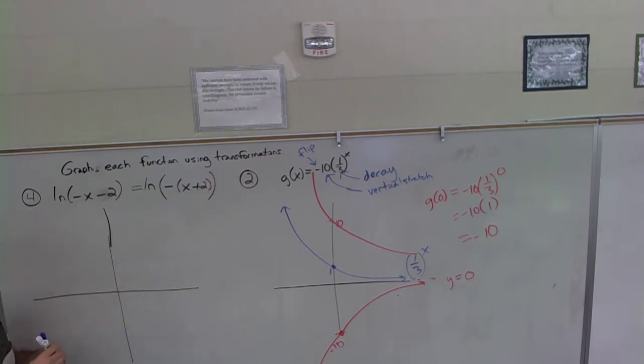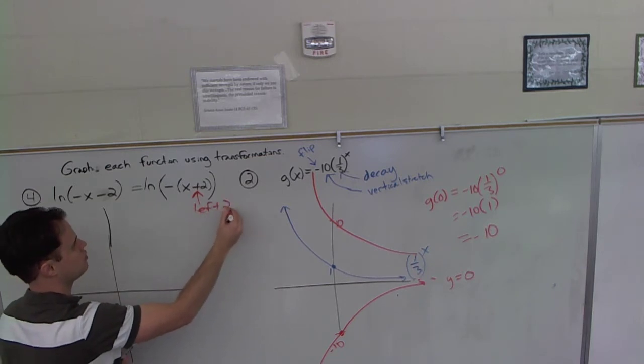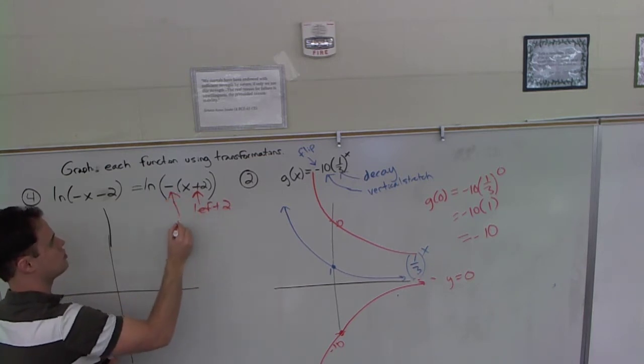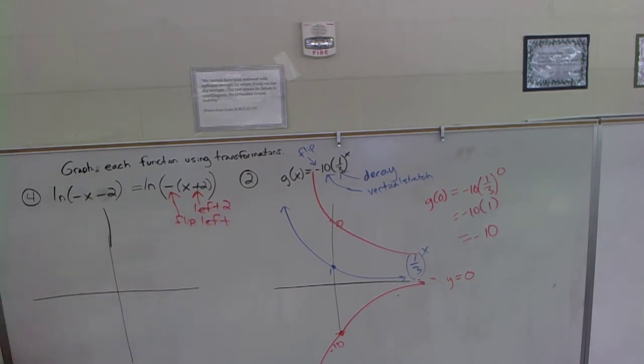So there we go. So we've got left 2, and this is a flip to the left. So that's going to go like this. Hold on just a second. There's your asymptote, -2, and it's flipped this way.